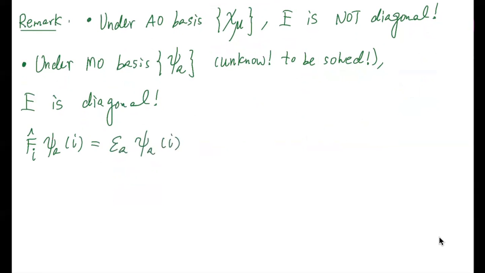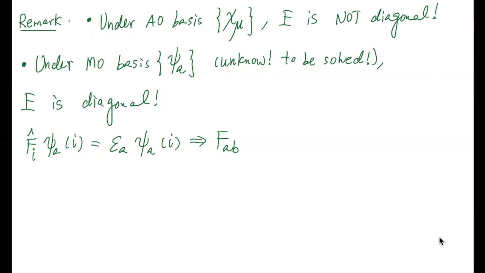This is the basic Hartree-Fock equation. This is the canonical form of the Hartree-Fock equation. And that means if you consider the matrix element F_AB, notice that here I'm using AB as my index. That means I am considering the molecular orbital basis, okay?